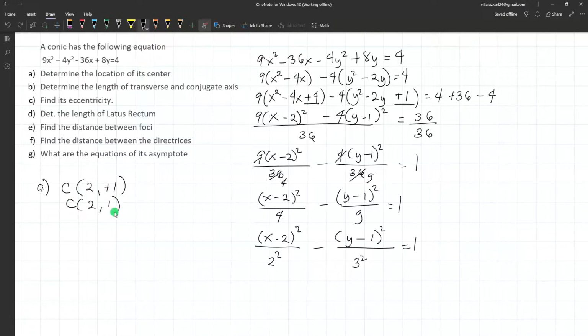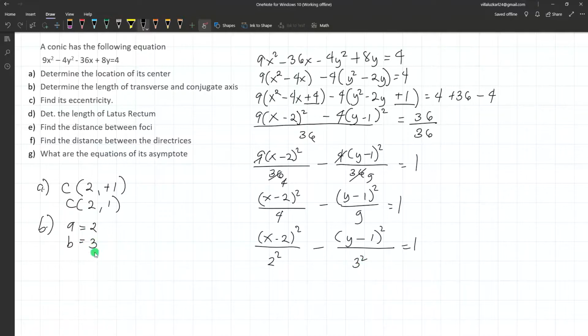For B, the length of the transverse and conjugate axis. In identifying the semi-transverse and semi-conjugate axis, a and b, a should always be assigned to the term of the standard equation of a hyperbola that is positive. So this is the positive term, therefore a on the denominator is 2, and b for the semi-conjugate axis is 3.